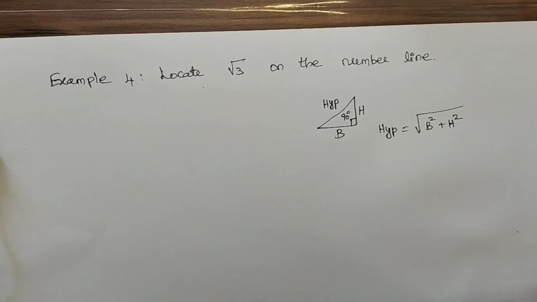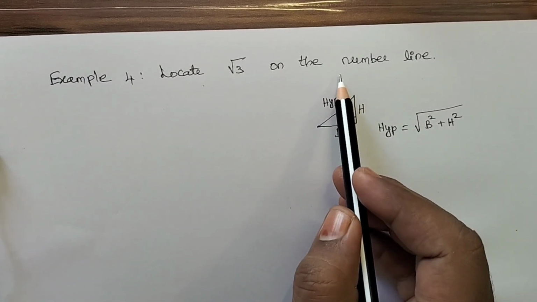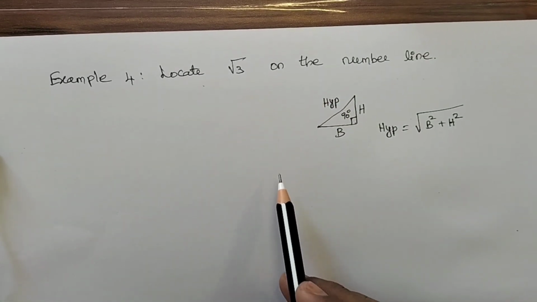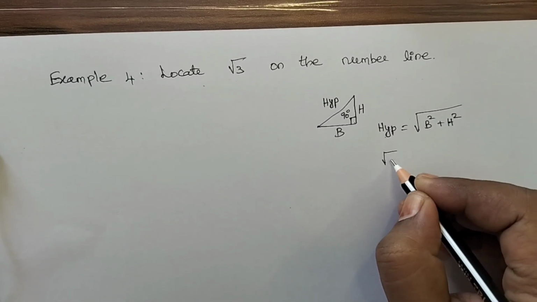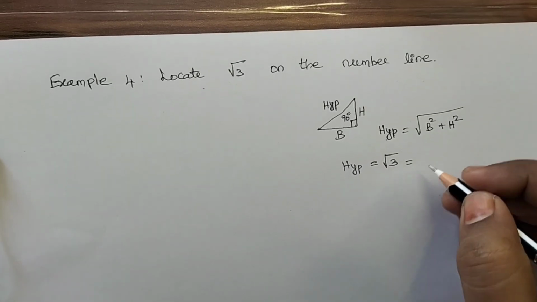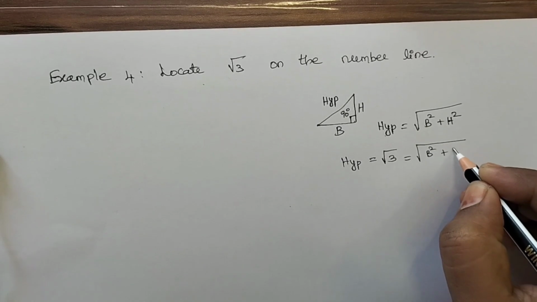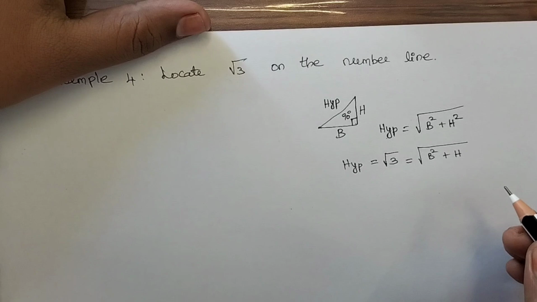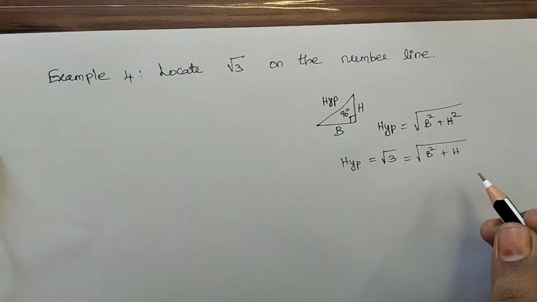First, we are going to locate root 3 on the number line. Since it is an irrational number, we cannot directly locate root 3 on the number line. So we are going to consider root 3 as the hypotenuse, and then determine what the base and height are, and using these dimensions draw a right angle triangle with the proper measurement.